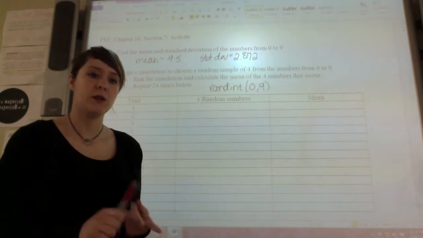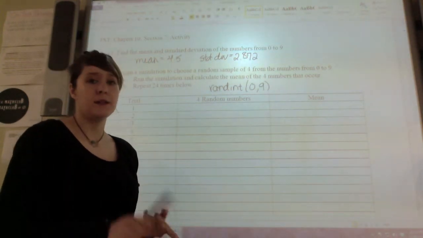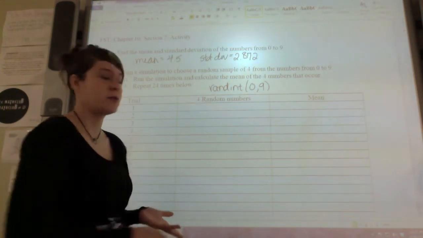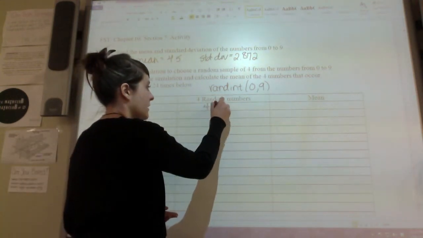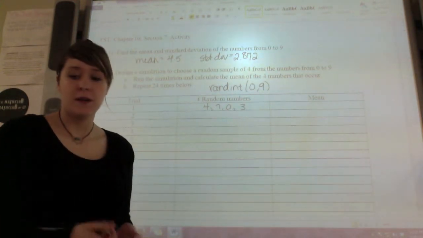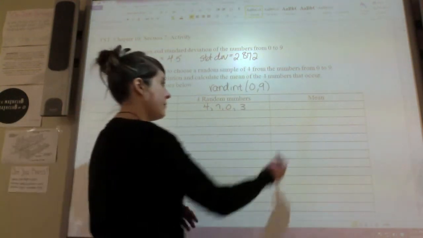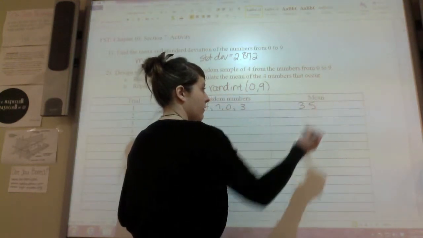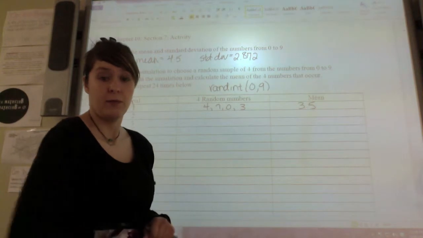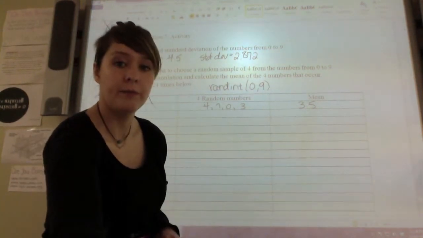So it gives me a random integer between 0 and 9. And then I just hit enter 4 times for each of those trials. So for my first one, I got 4, 7, 0, 3. Those are my 4 numbers. And then I just went through real quick and calculated the mean to get 3.5. So let me fill in my chart, and then we'll look at our data.